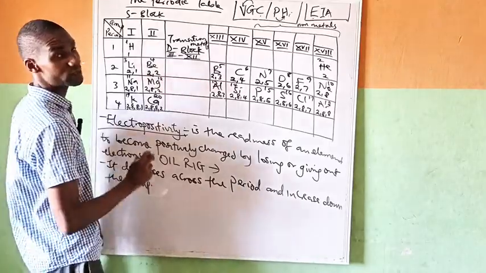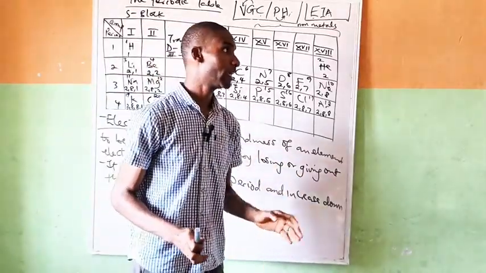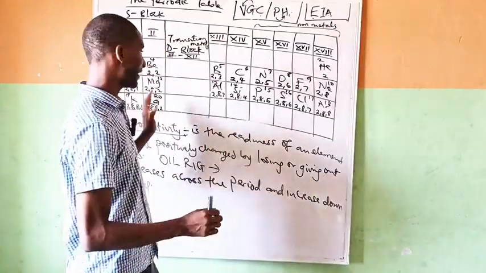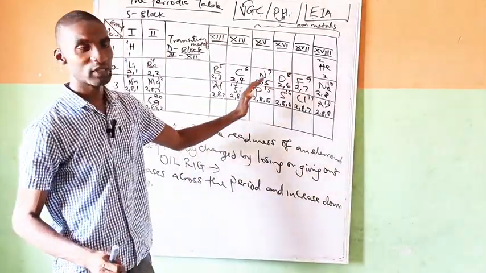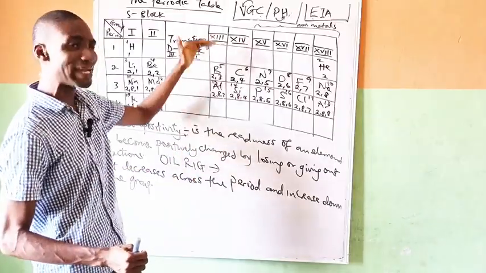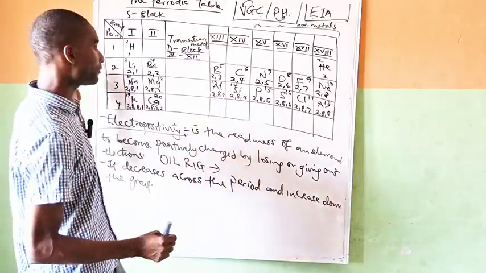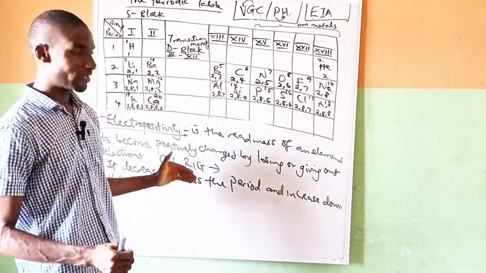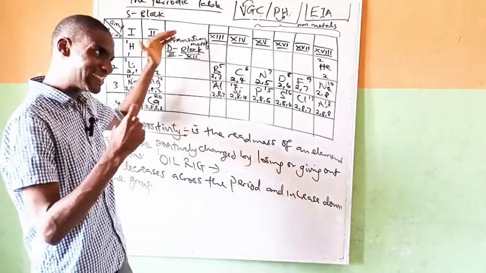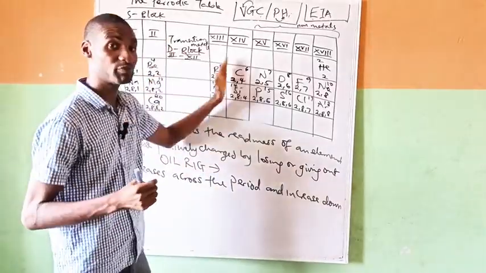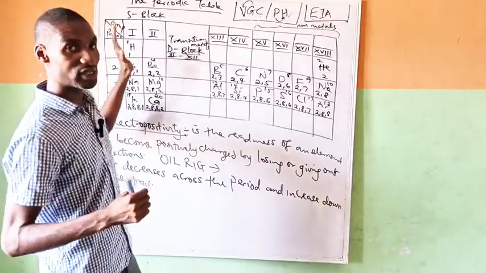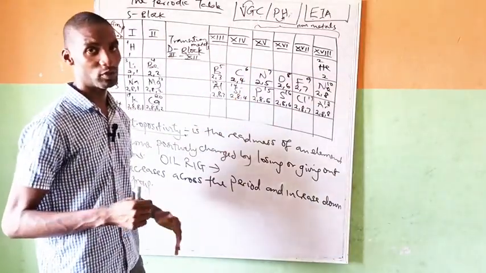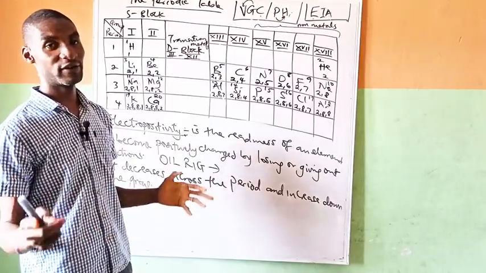Now note, there's something I didn't mention earlier. Any property that increases across the period, the reverse will happen down the group. So whatever is happening across the period, the opposite happens down the group. When a property increases across the period, it will decrease down the group. All right? So these things are very easy.